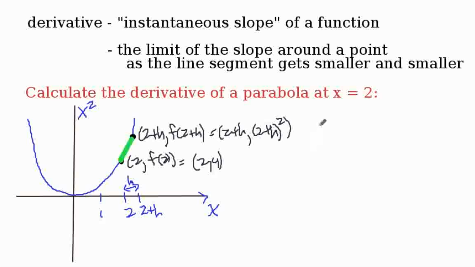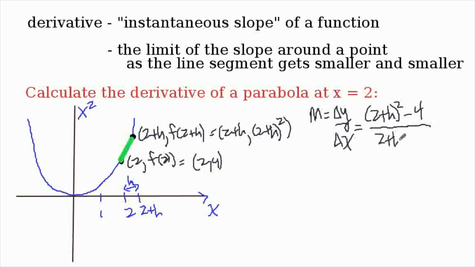So the slope we know, m, is delta y over delta x. So in this case, delta y is 2 plus h squared minus 4. That's divided by 2 plus h minus 2. Okay, now let's do some algebra for a minute and simplify this.